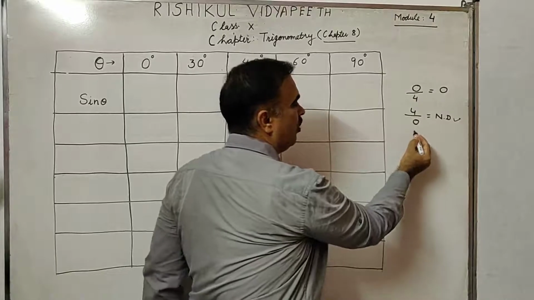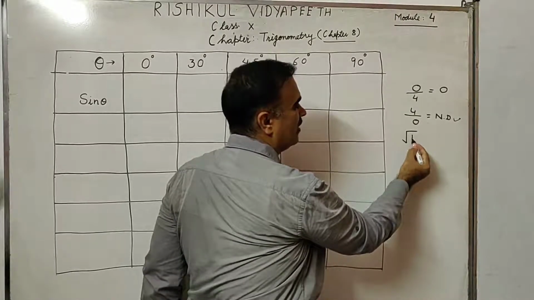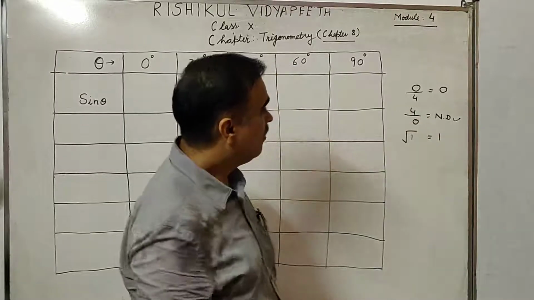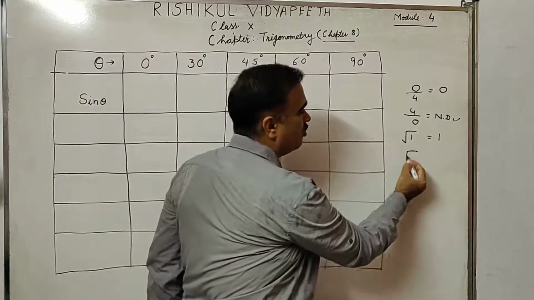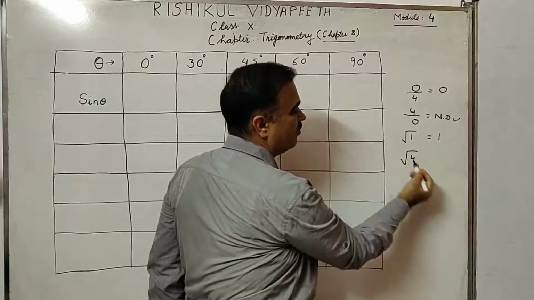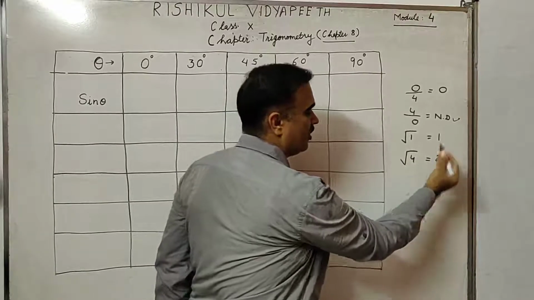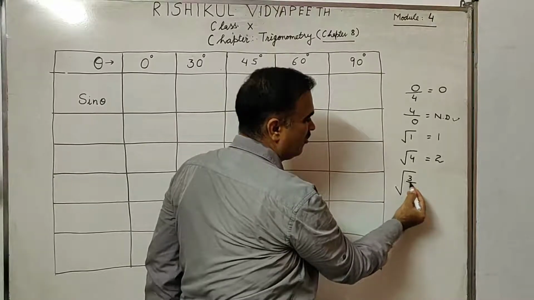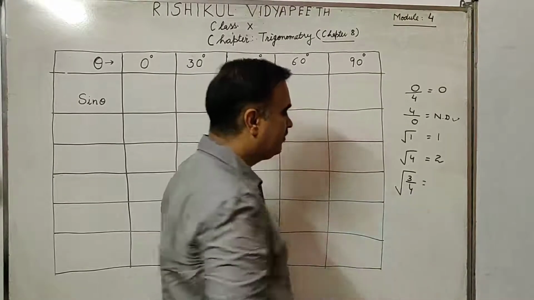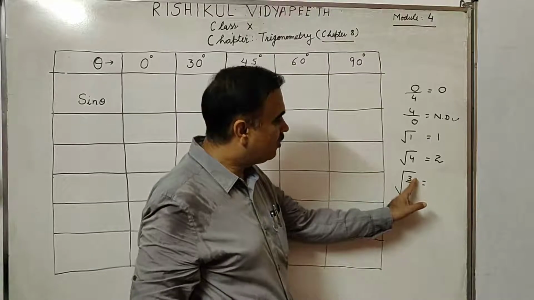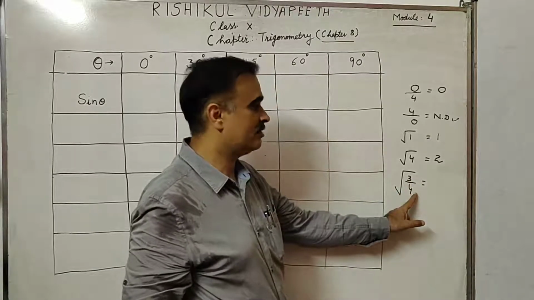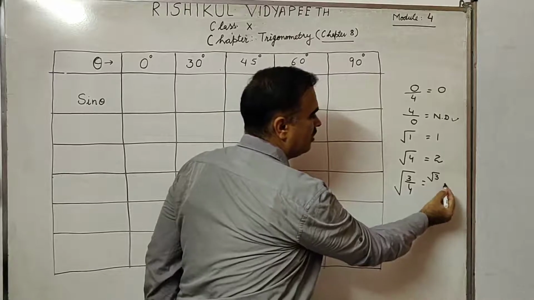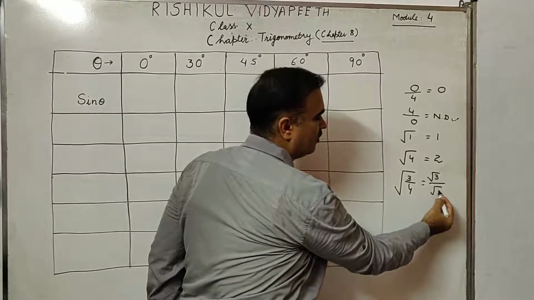Another is, what is the value of root of 1? It is 1. What is the value of square root of 4? That is 2. If there is root 3 upon 4, it means this square root is on the numerator also and the denominator also. This is root 3 upon root 4.